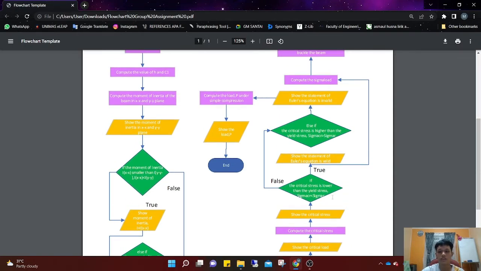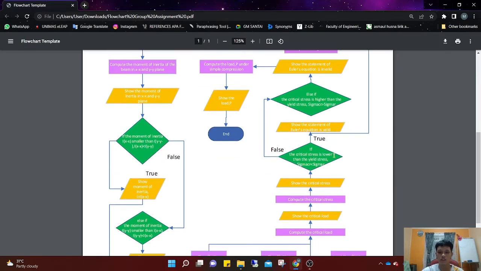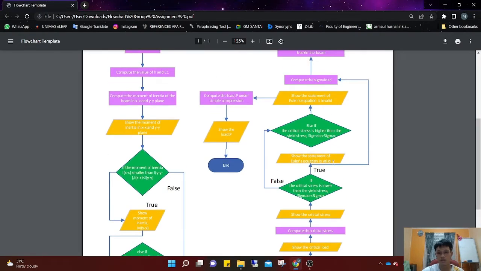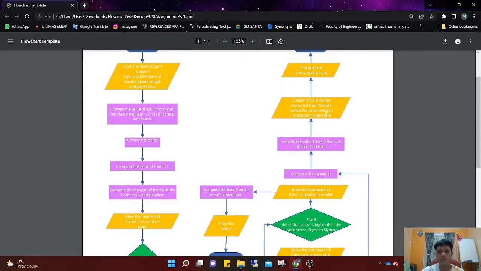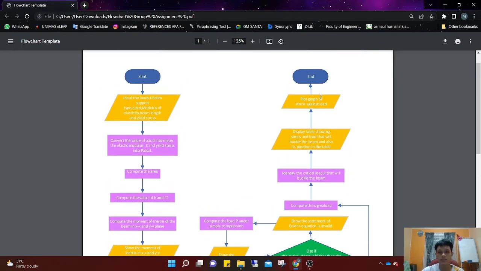And if the critical stress is lower than yield stress, then show the statement that Euler's equation is valid, and compute the sigma load, identify the critical load that will buckle the beam, display table showing stress and load that will buckle the beam and also its position in the table, and plot graph of stress against load.